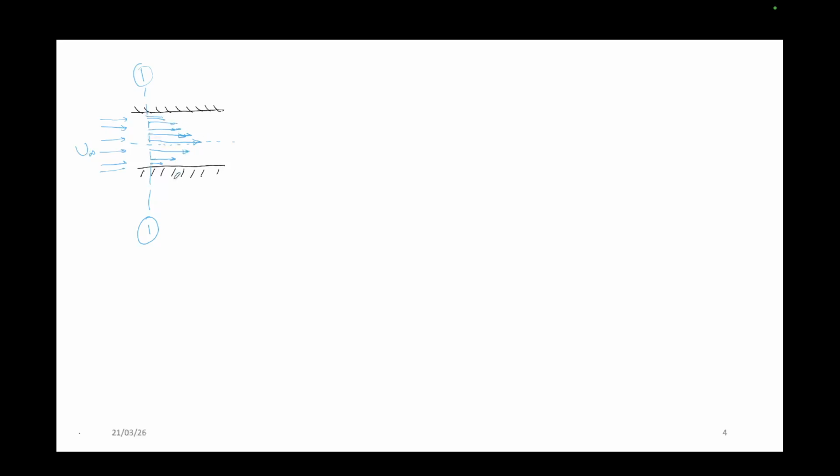So that is how the velocity distribution is there. Now see one thing. If I draw a line here joining this velocity, you will get a profile, right? You will definitely get a profile.